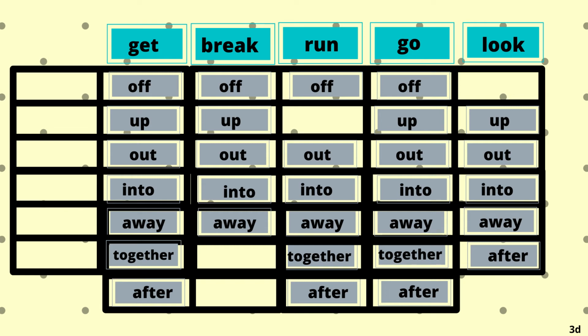Now, we have get off, get up, get out, get into, get away, get together, and get after. For the verb break, to make phrasal verbs, we have break off, break up, break out, break into, and break away.